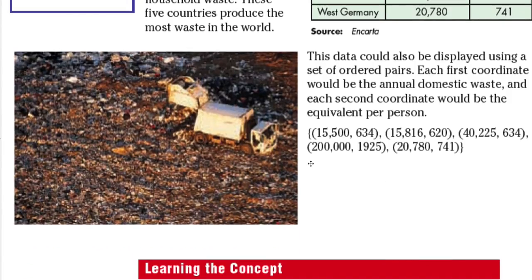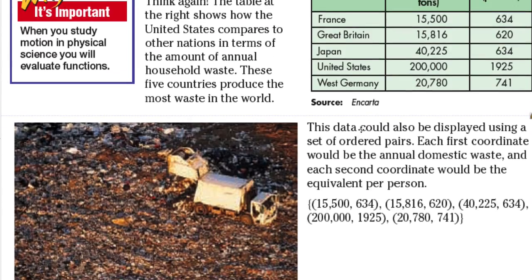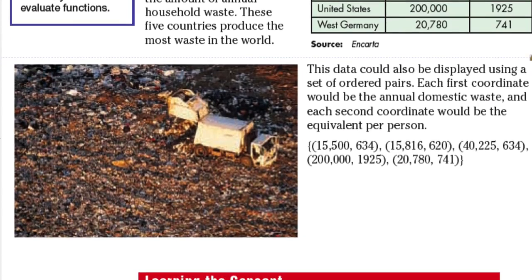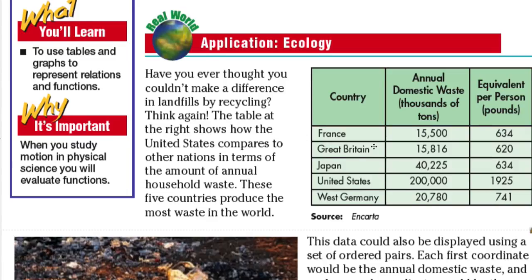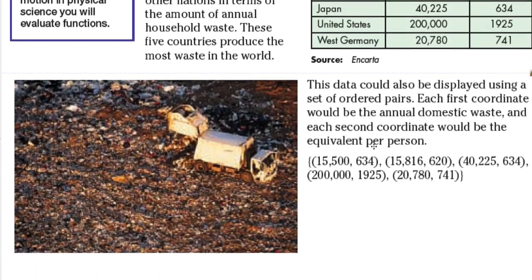So with this data, we can say that these two pieces of information are related to each other, because if we look at 15,500 and 634, we can say that for an annual waste of 15,500 per country, the individual person's equivalent waste is 634.